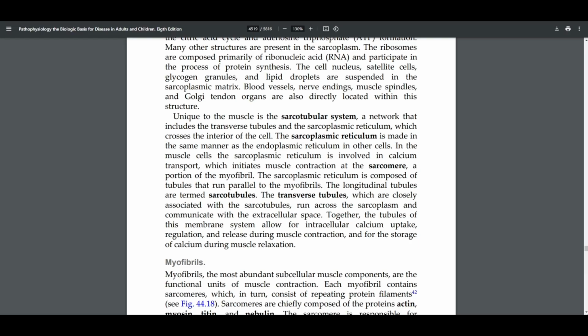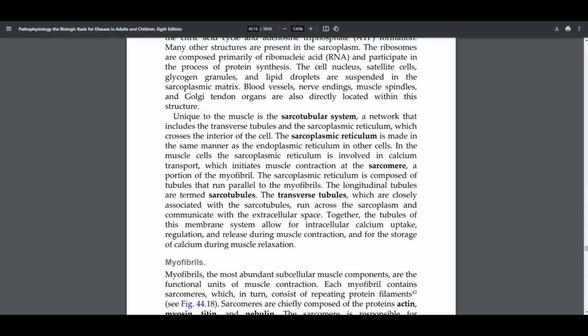The sarcoplasmic reticulum is made in the same manner as the endoplasmic reticulum in other cells. In the muscle cells, the sarcoplasmic reticulum is involved in calcium transport, which initiates muscle contraction at the sarcomere, a portion of the myofibril. The sarcoplasmic reticulum is composed of tubules that run parallel to the myofibrils.